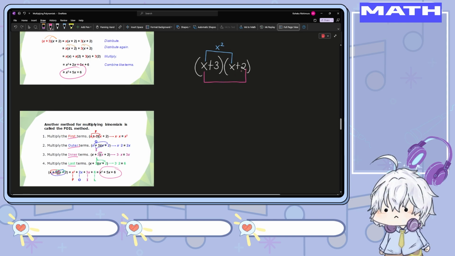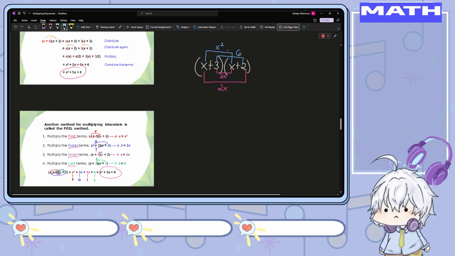So that is x times 2. The answer is 2x. The inner terms, which is 3 times x, will become 3x. And last but certainly not least, the last terms being 3 times 2, the answer will become 6.